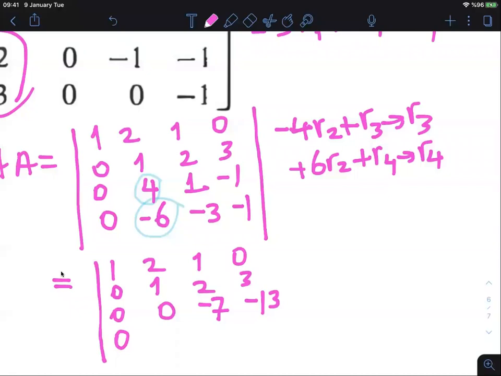I think it's right. So this becomes 0, 12, minus 3 is 9. And what about this one? 18 minus, 18 minus what? 17. Is this right?